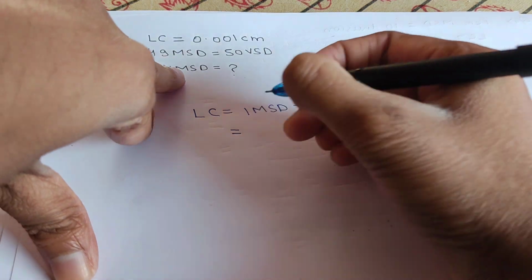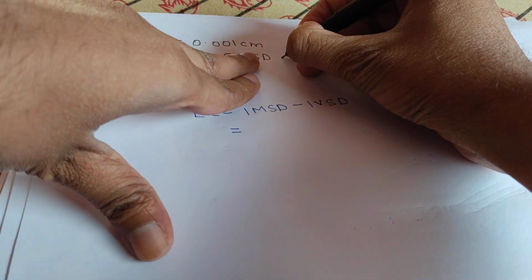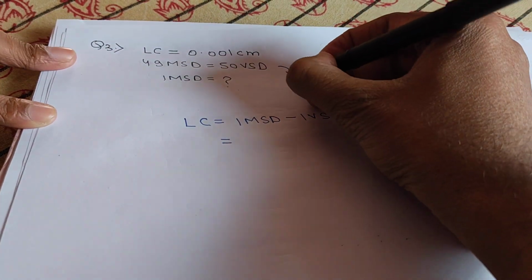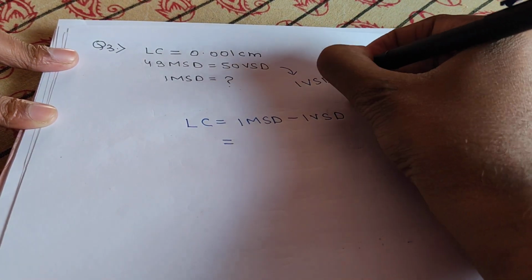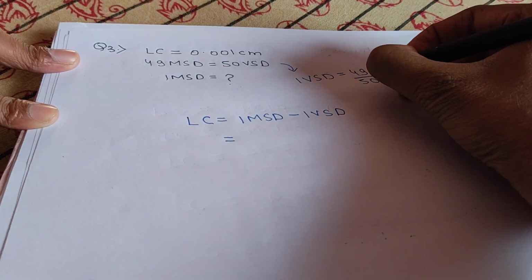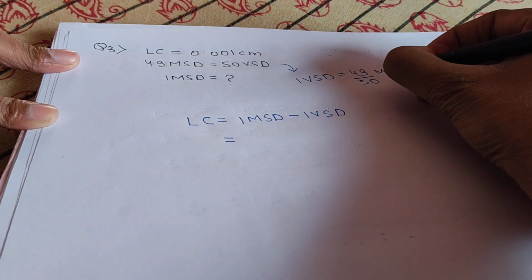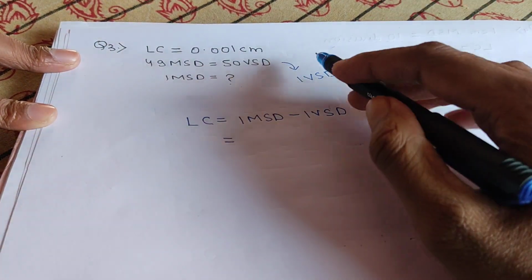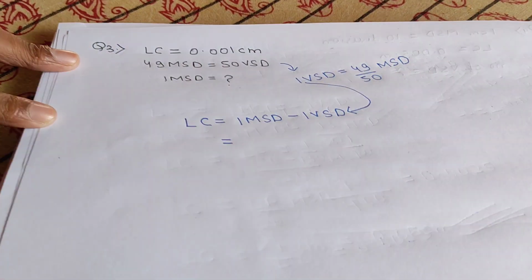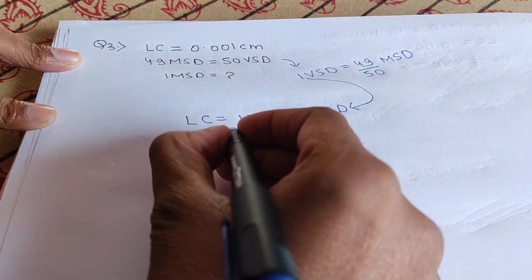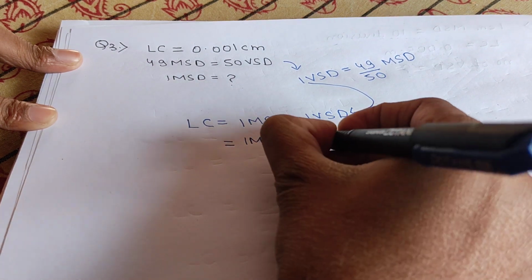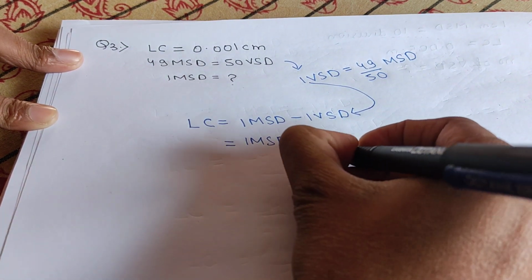Before that, we need to find 1 VSD in terms of MSD. 1 VSD is equal to 49 by 50 MSD.